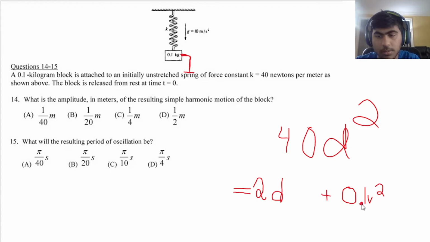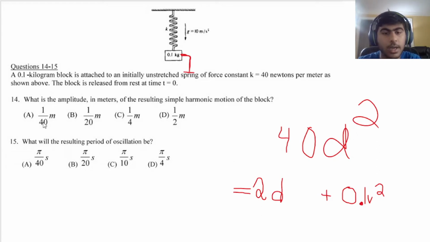All right, so how are we going to figure that out? Well, we know that this thing is going to oscillate up and down, and it's going to have this magnitude d, and we want to figure out what v is.